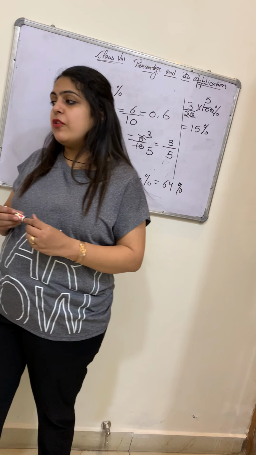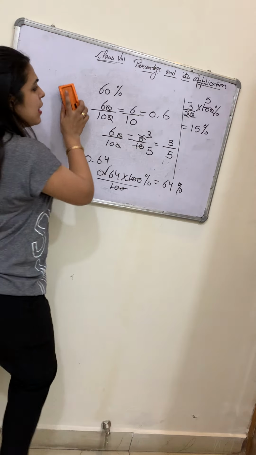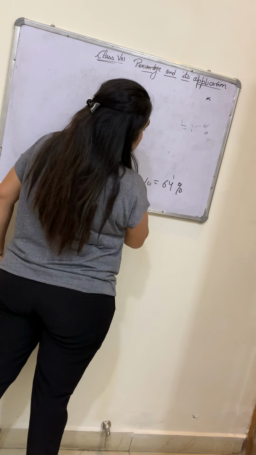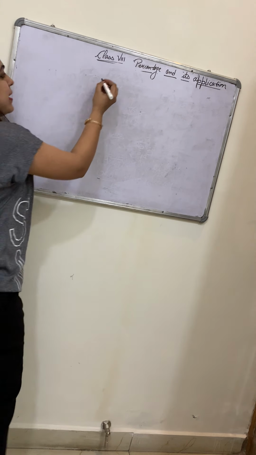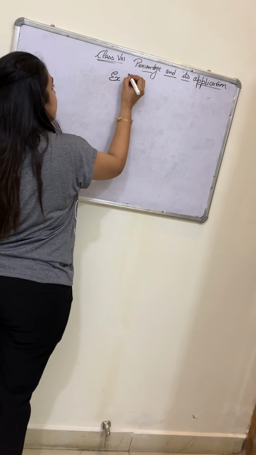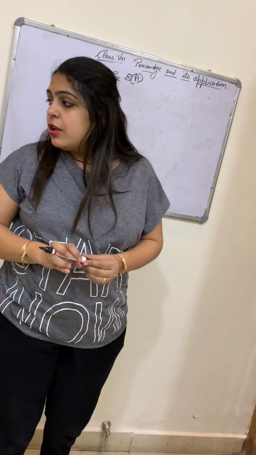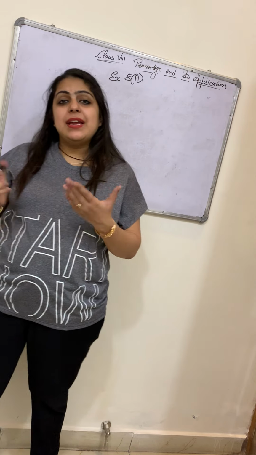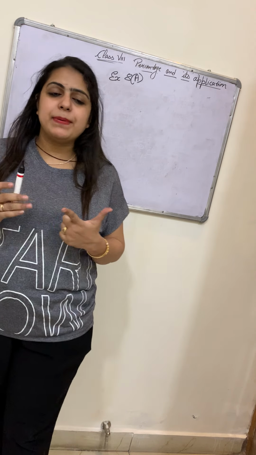Okay. So we are going to start with the first exercise, that is exercise 8A. Using all these concepts, the very first question of exercise 8A is write down the percentage as decimal or fraction. हमने अभी सीखा percentage को decimal और fraction में change करना है.